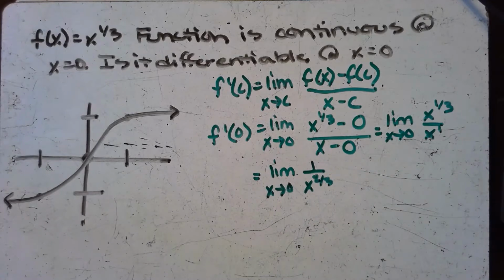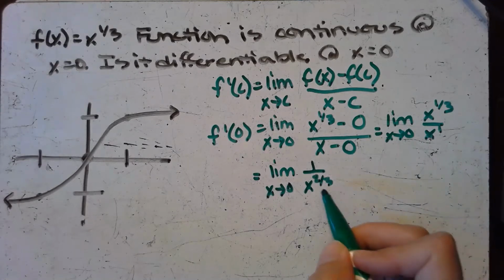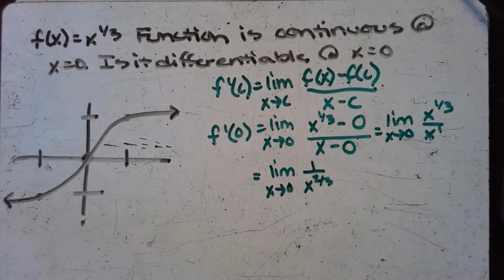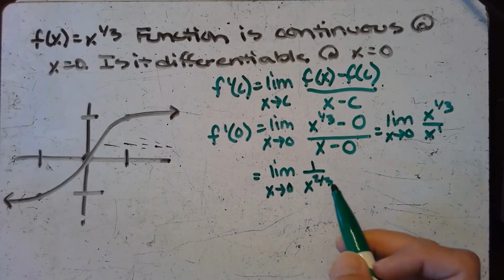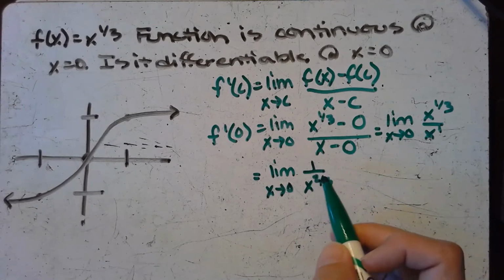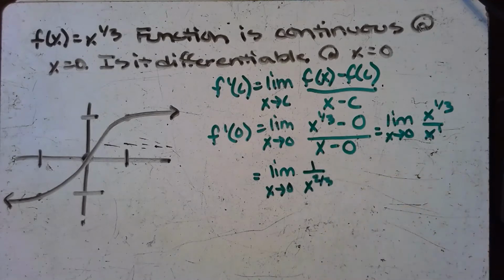Now let's think about this. As this goes to 0, now at 0 it's undefined, but let's think. As this gets closer and closer to 0, what does it go to? Think about it for a second. It's going from 1 to like 3/4 to 1/2 and so forth.